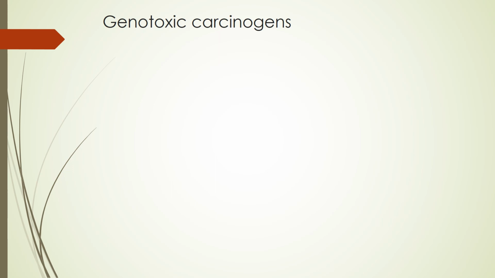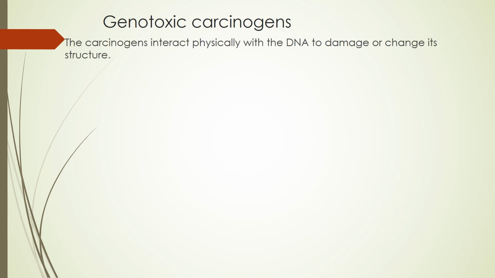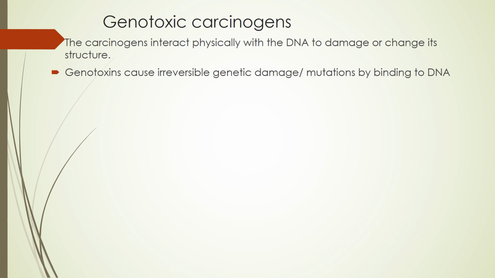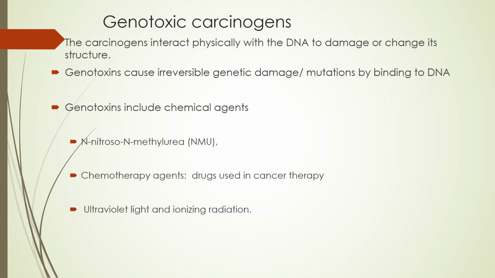Now, genotoxic carcinogens act directly on the DNA. The carcinogens interact physically with the DNA to damage or change its structure. Genotoxins cause irreversible genetic damage and produce mutations by binding to DNA. Genotoxic agents include chemicals which we have already seen, for example, N-nitroso-N-methylurea.